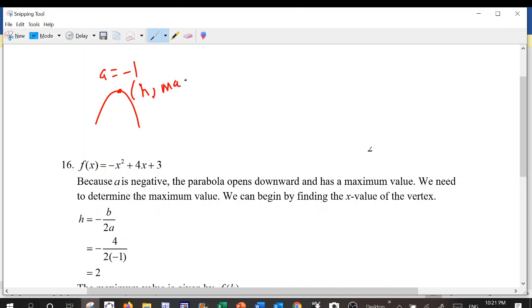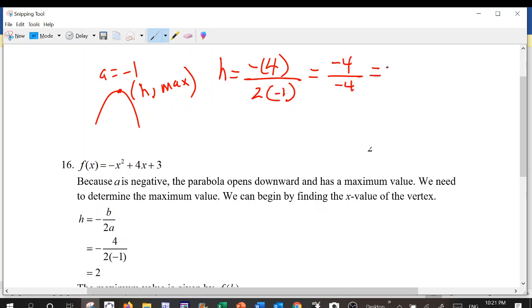So we have some x value, which we know is h. This would be the max, right? So let's find h first. We know a is negative 1 and b is 4. So h is negative b over 2a, which is negative 4 over negative 2, which is 2. Actually, negative 4 over negative 4, which is 1. So h is 1, and the max is f at 1. So what is f at 1?